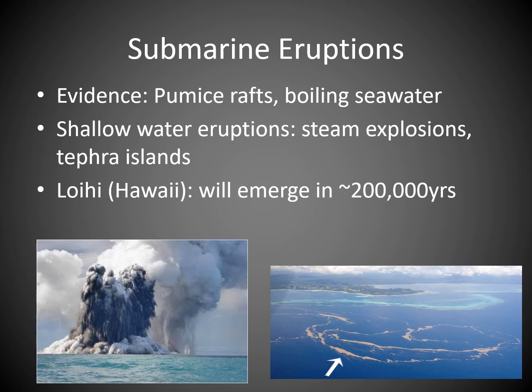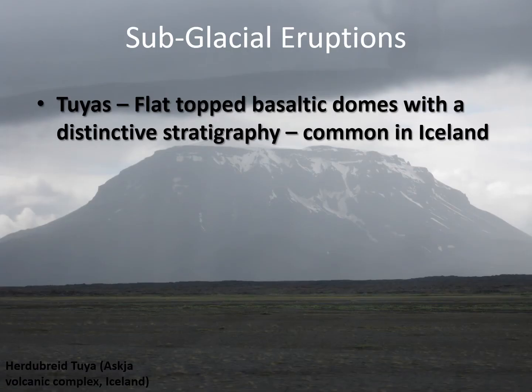And just given the growth rates of the other Hawaiian Islands, it's likely that this will poke its head out and become subaerial within a couple 100,000 years. Depends on sea level. Depends on whether the rate of volcanic growth changes or not, but in a couple 100,000 years we should have another Hawaiian island. And then the big island will shut off and most of the activity will focus on this new one, which is already named Loihi.